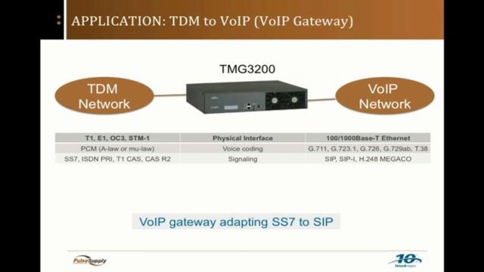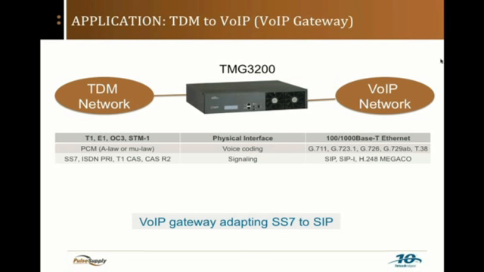Here in this example, I'm showing how the signaling converter can be, say, augmented to support voice over IP. In this slide, I show a TDM network on the left-hand side, a voice over IP network on the right-hand side. The device here is able to convert between TDM and voice over IP. I show here the different physical interfaces, the different voice codecs that are used or can be supported on both sides, as well as the signaling protocols that are involved on the TDM side and the voice over IP side.